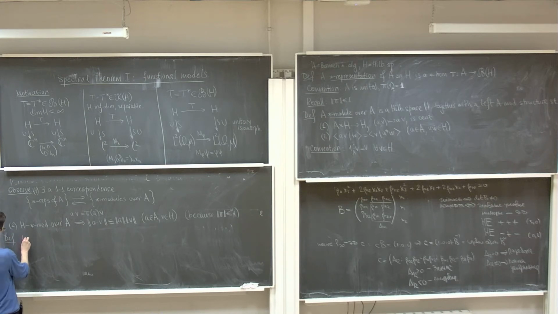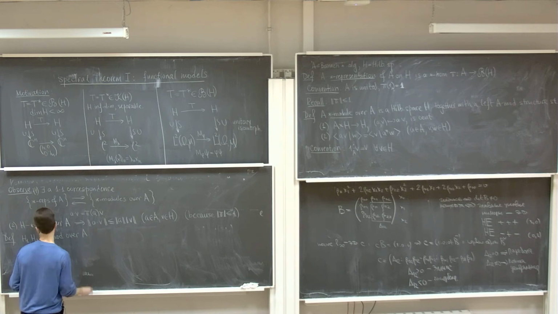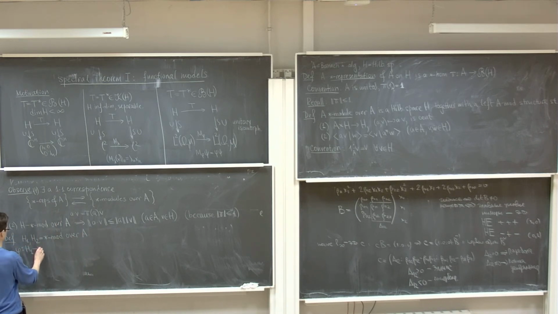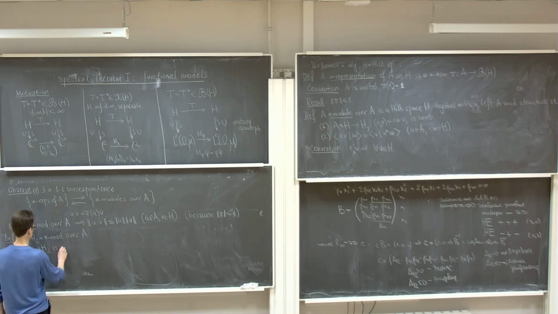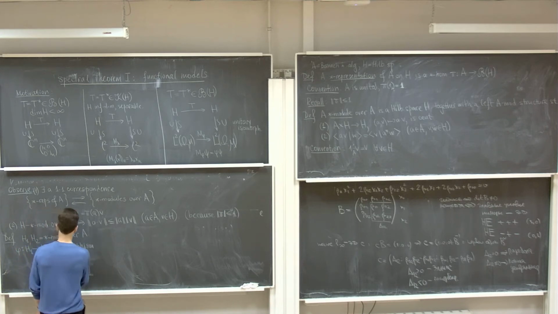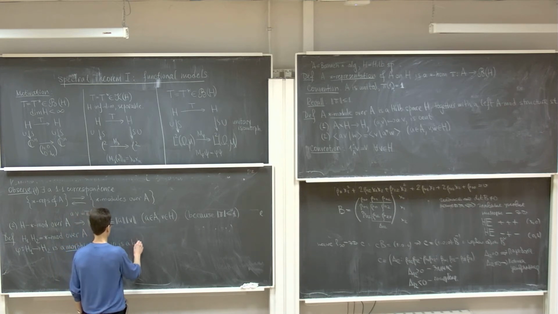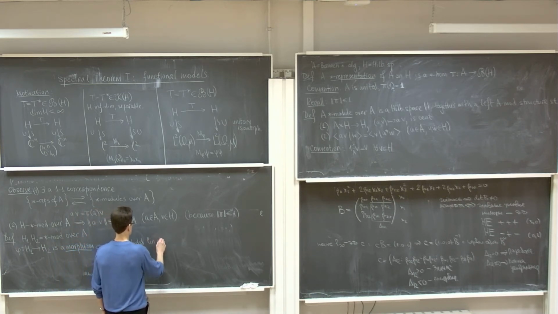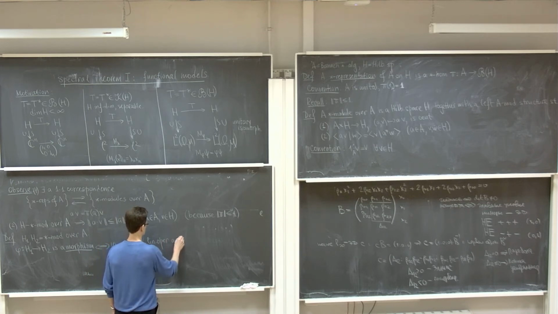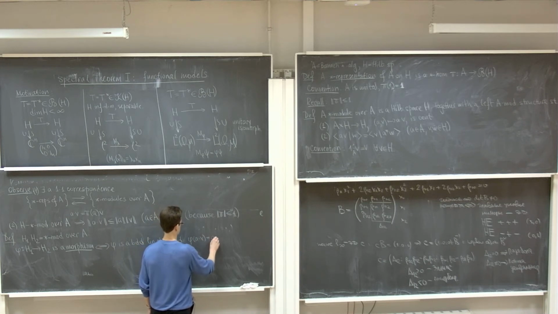Suppose that we have two star modules, H1 and H2, star modules over A. Then we say that a map phi from H1 to H2 is a morphism of A modules if it is a bounded linear operator and a module morphism, so it respects the action of the algebra in the following sense.